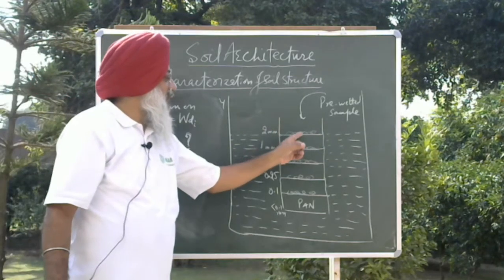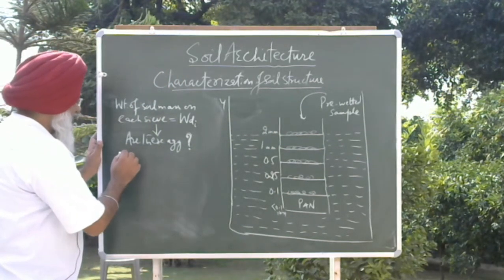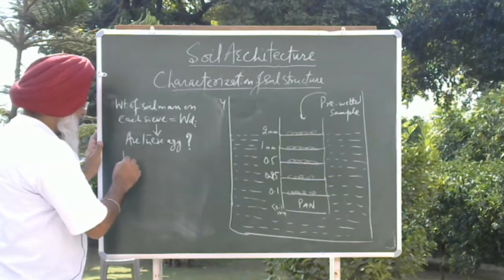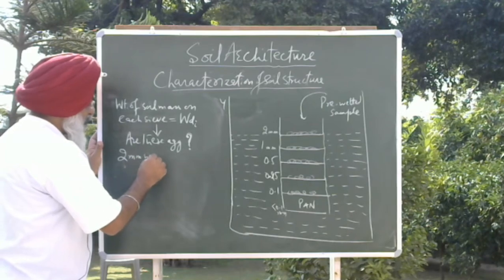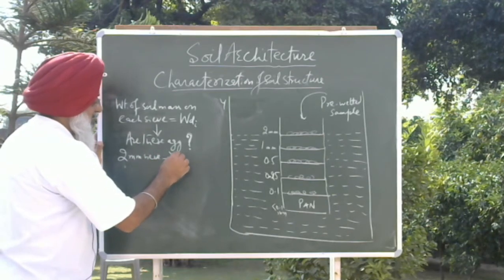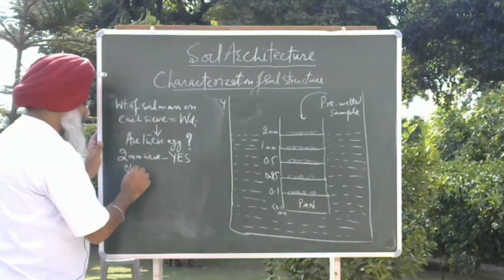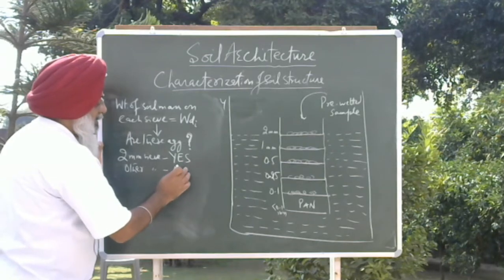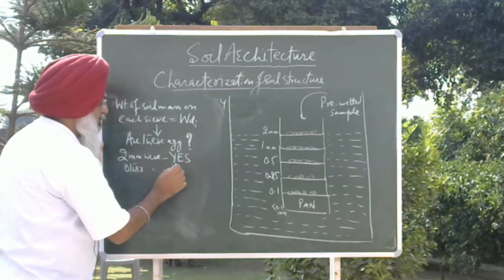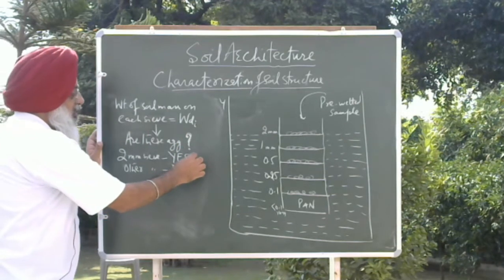Because primary particles cannot be larger than 2 millimeters. So, first sieve, or you say 2 millimeter sieve, we can say yes, these are aggregates. Other sieves, you can say either yes or no. So, the answer is no, because we are not sure. In first case, we are sure.